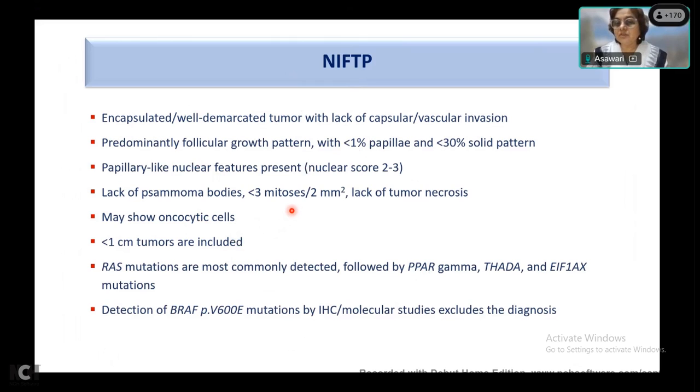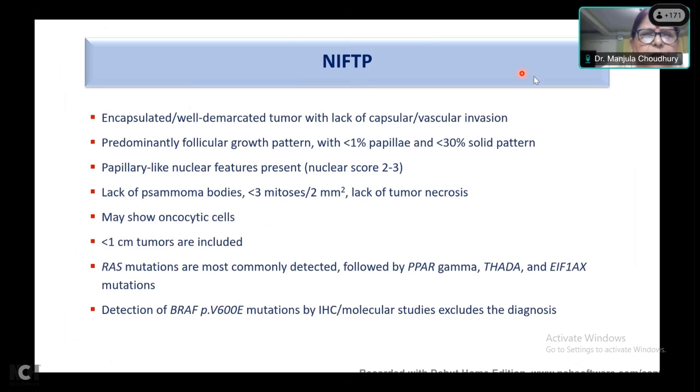So, any questions on this case, Dr. Manjula? Would you like to say something? Yes. So the diagnosis of this case was invasive encapsulated follicular variant of papillary carcinoma. If you keep in mind the synoptic approach of reporting, as Dr. Rane has described, it is very easy to diagnose the cases.